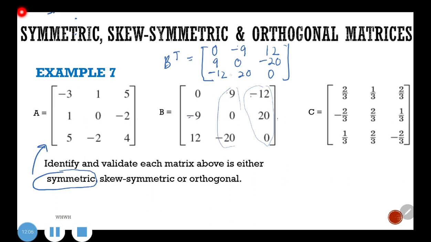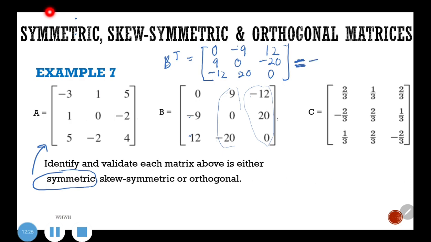Kosong tak ada maksud, tak ada kesan lah, sebab there's no sign. 20 jadi minus 20. Negatif 12 jadi 12. 20 here jadi negative 20. So the value is the same, it's just that the sign is opposite.